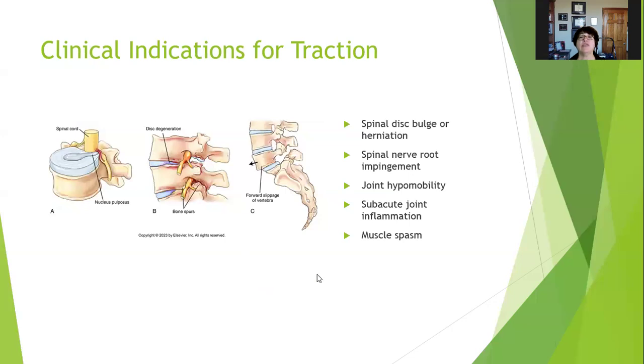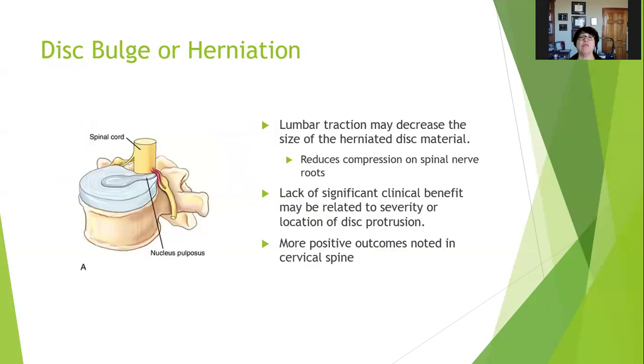So, clinical indications for traction: spinal disc bulge or herniation, spinal nerve root impingement, joint hypomobility, subacute joint inflammation, or muscle spasm. If you have a disc bulge or herniation, lumbar traction may decrease the size of the herniated disc material. It reduces compression on the spinal nerves if you do that.